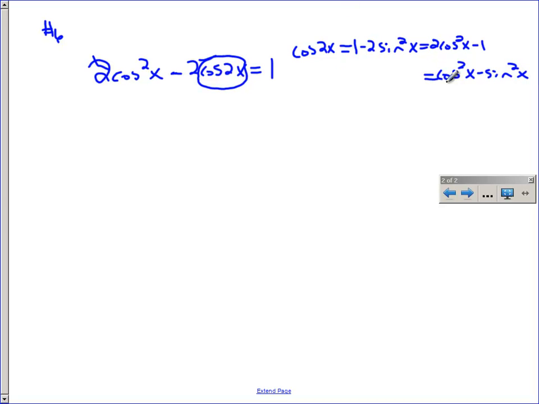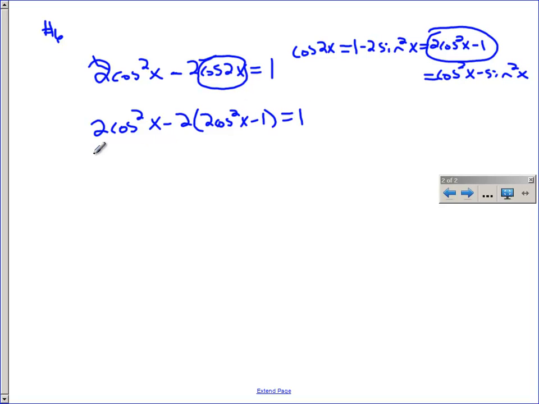Which one of these 3 forms do we want to use? The one with the cosine squared in it, so we just have one trig function. So if we do our substitution, cosine of 2x is 2 cosine squared x minus 1, equals 1. Let's distribute this: minus 4 cosine squared x plus 2 equals 1.